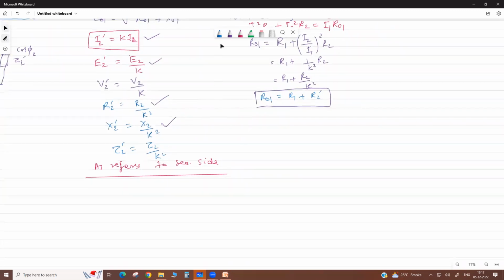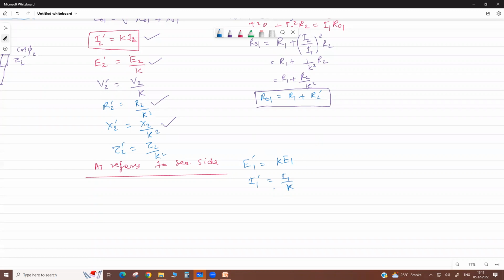In that case E1 dash becomes K times E1, and I1 dash becomes I1 divided by K.